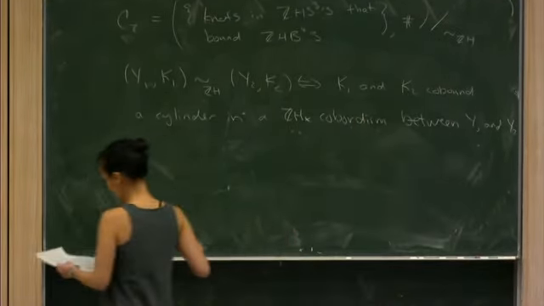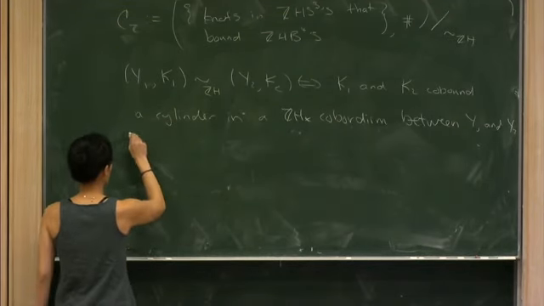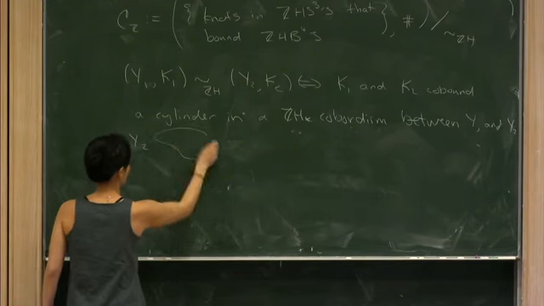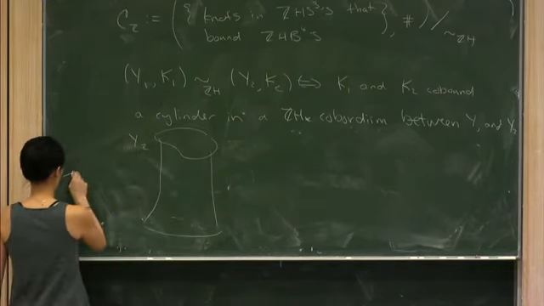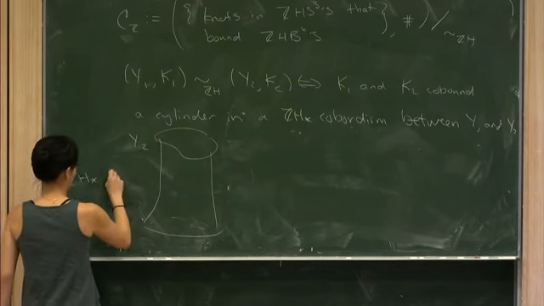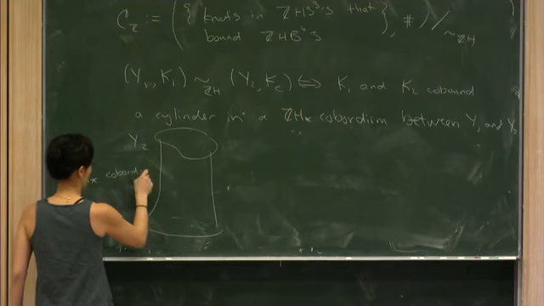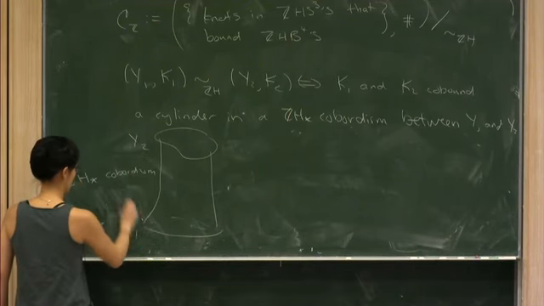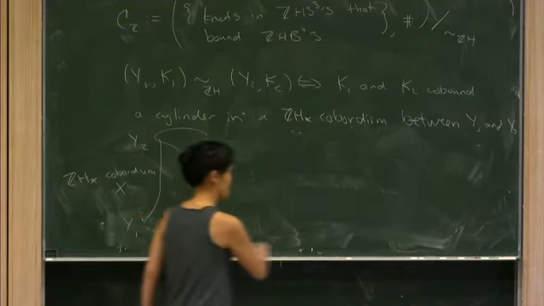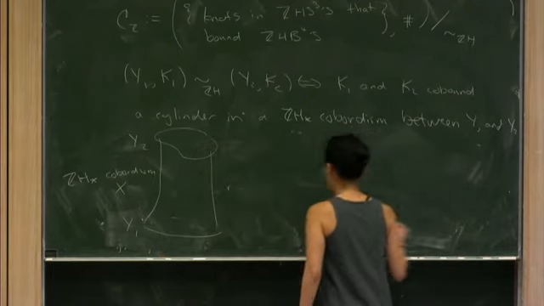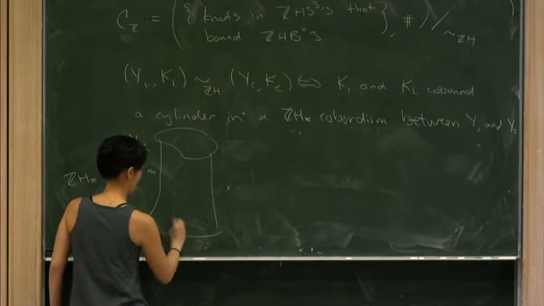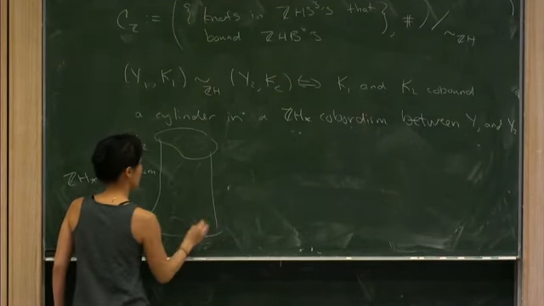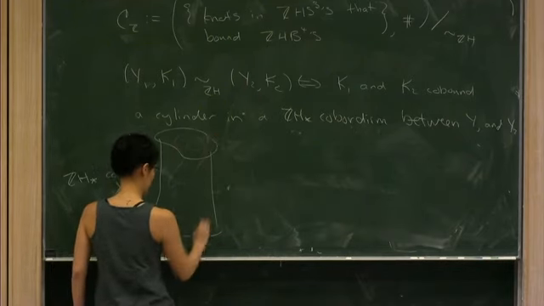So the picture, maybe you have some homology cobordism X between Y2 and Y1. And then sitting inside there, you have some cylinder between your knots.